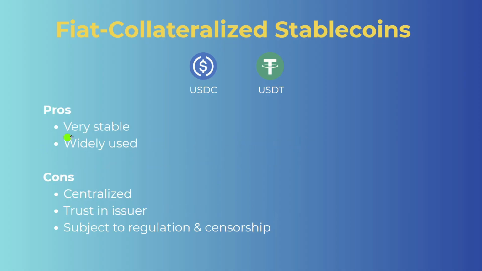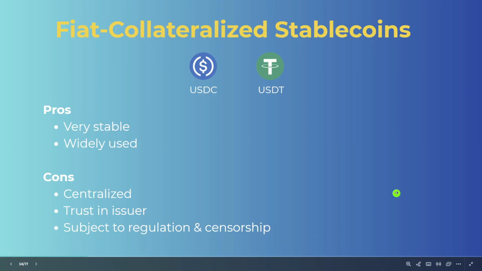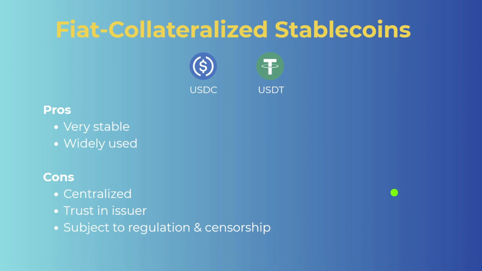So the pros are that these tokens are very stable and widely used. The cons are, of course, that they are centralized. We have to trust the issuer and they are subject to regulation and censorship. What does it mean? Very stable, of course, because they are backed by fiat money, and widely used because everybody understands dollars, maybe more than Bitcoin.